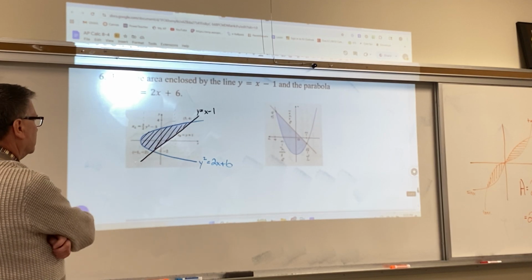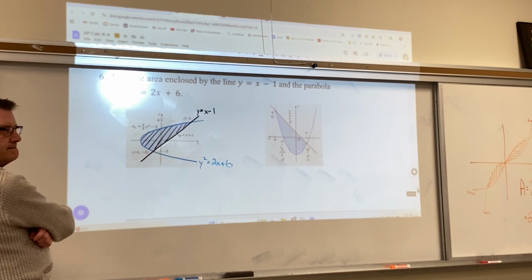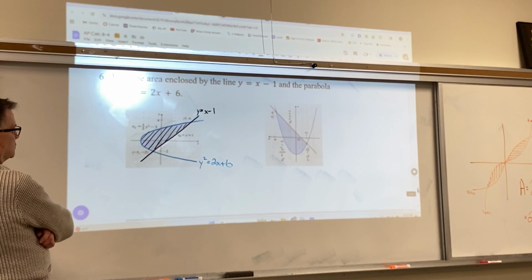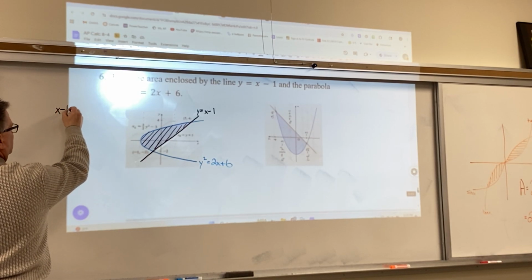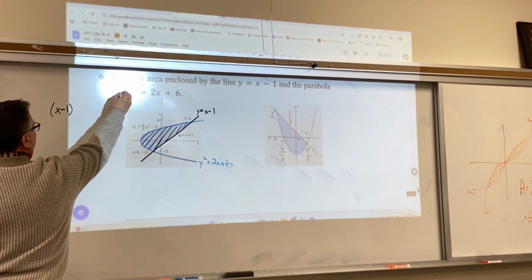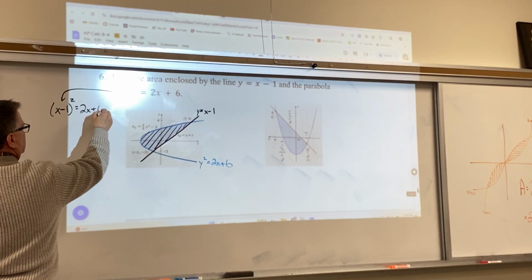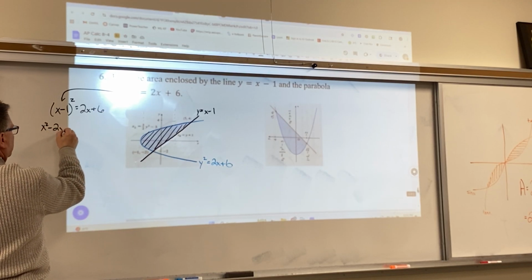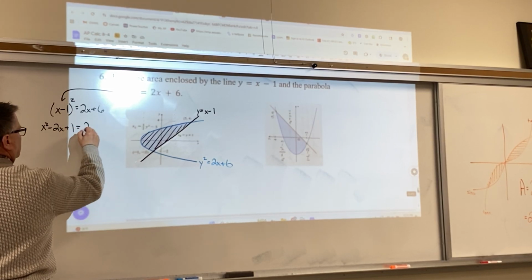How would you want to set them equal to each other? I mean, we can use substitution. Y is the same as x minus 1. So I could say x minus 1, which is y, I've got y squared. Well, 2x plus 6. I could do that. And what does that give me? X squared minus 2x plus 1. Yeah. And then I got 2x equals 2x plus 6.